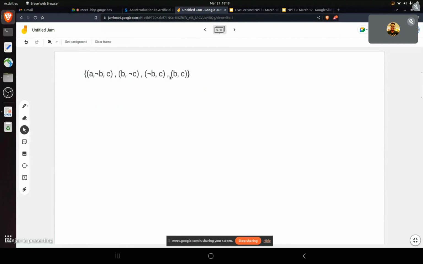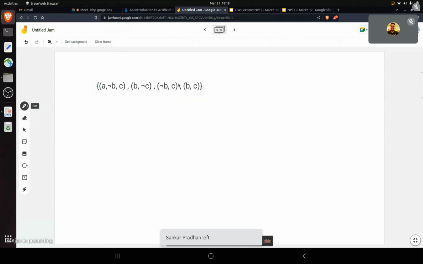So we are given these clauses: A, not B, C, B, not C, not B, B, not C, not B, C, and B, C. From here, if we take these two, not B, B and not C, not B, C, we will get B, right?